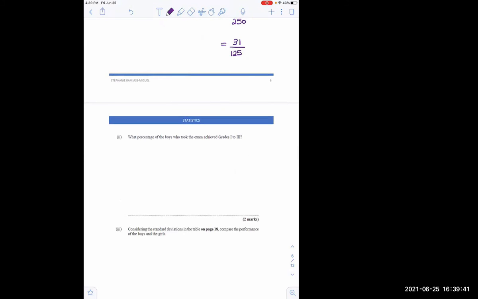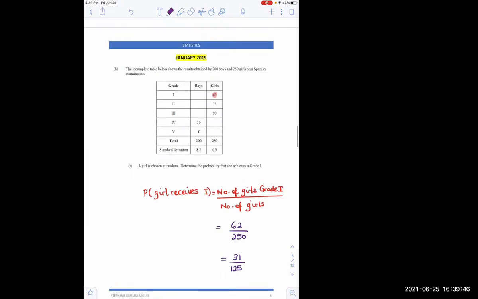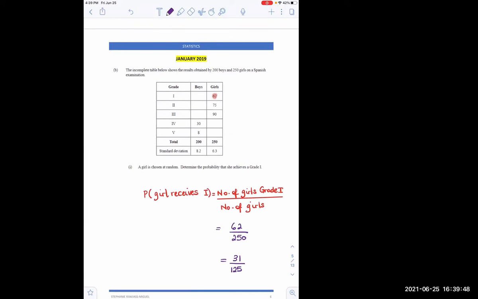What percentage of boys who took the exam achieved grades 1 to 3? All right, so if we have 200 boys in total, and we have 38 of them receiving grades 1 to 4, how would I get grades 1 to 3? 200 minus 38. Precisely.